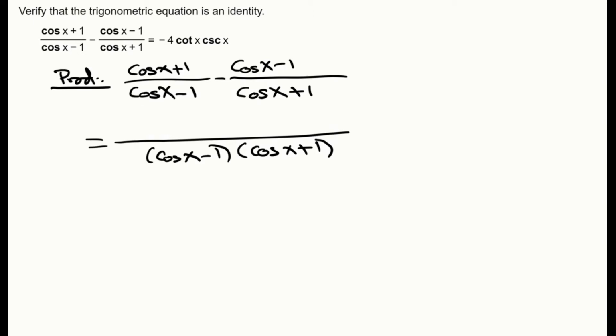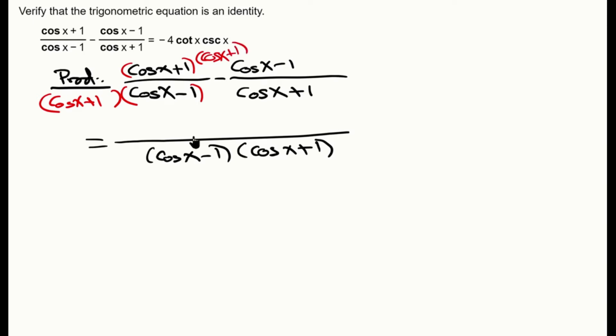So we notice on the denominator we're going to have cosine x minus 1 times quantity cosine x plus 1. And now, of course, in order to make the first denominator like the common denominator, we're going to have to multiply it by cosine x plus 1, which of course means that we have to do the same on the top.